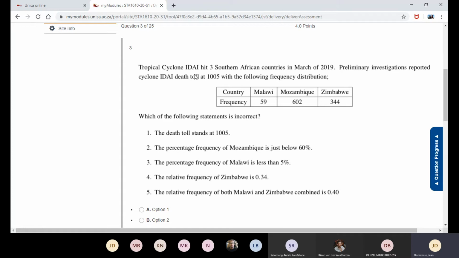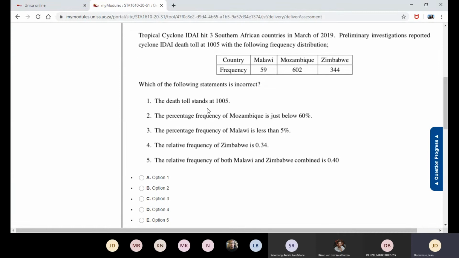Okay, so tropical cyclone Ida hit southern African countries in March of 2019. Preliminary investigation reported the death toll was 1,005 with a falling frequency. Which of the following statements is incorrect? Death toll stands at 1,005, so that one is correct.